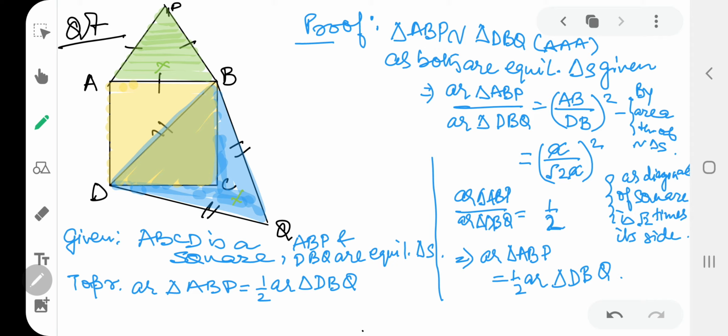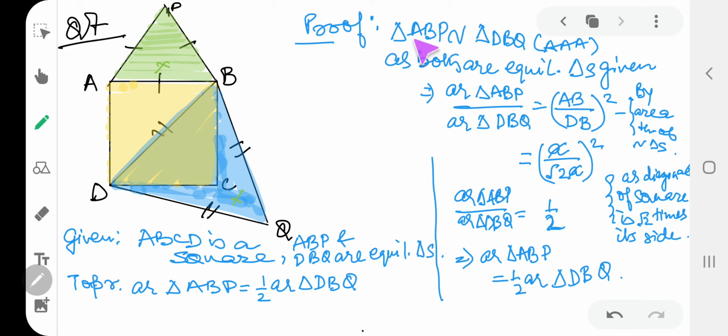So children, as both these triangles are equilateral triangles, all the angles of this triangle are also 60 degrees, and the angles of these triangles are also equal to 60 degrees. So we can say all the angles of this triangle are equal to all the angles of this triangle.